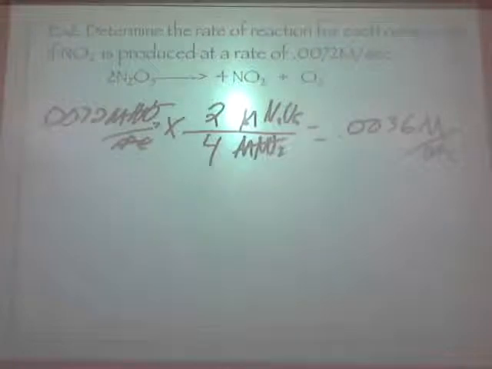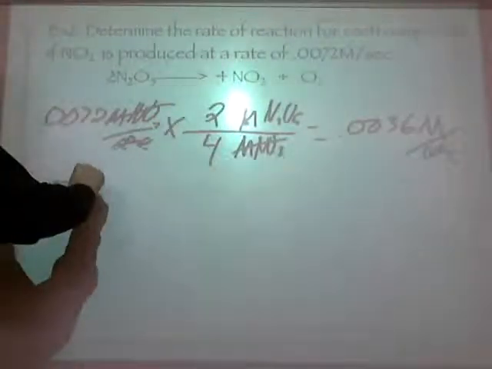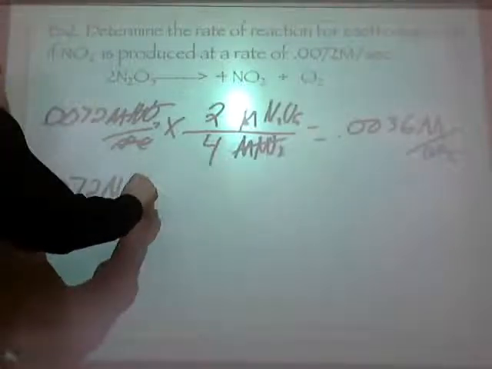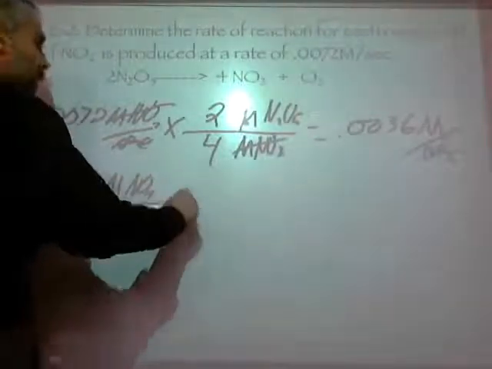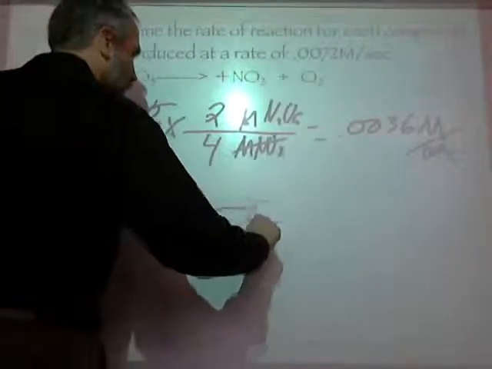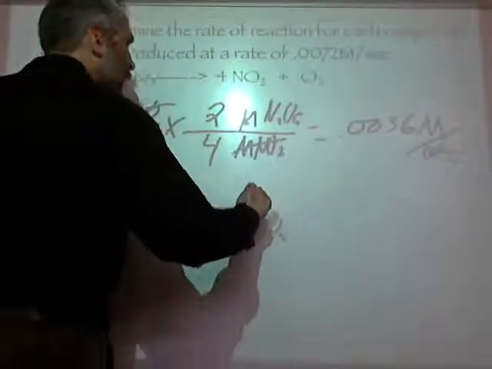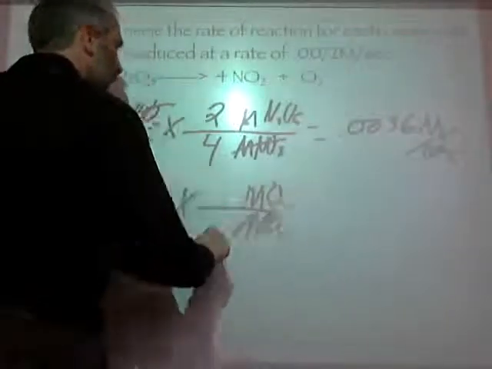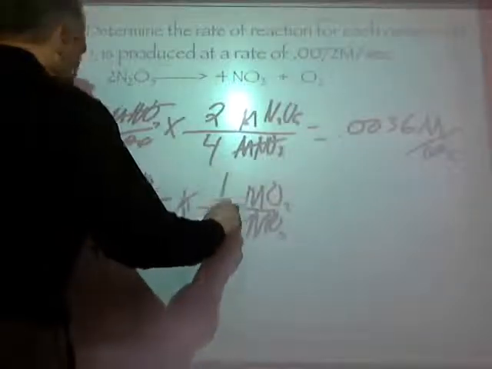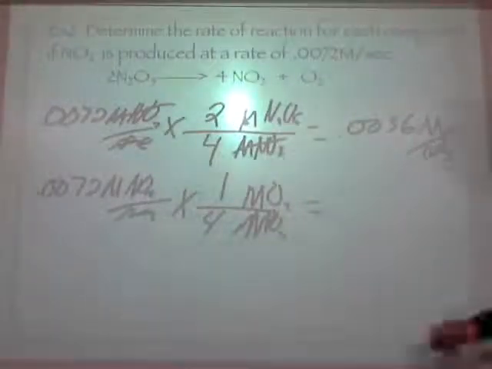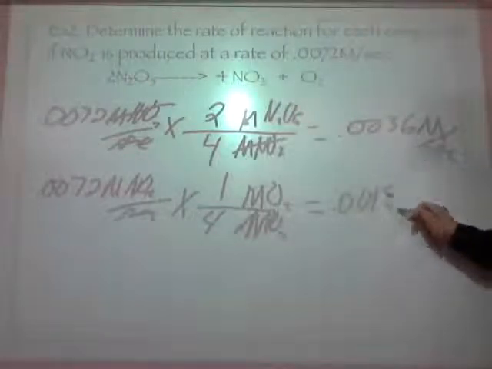And what would I do to get oxygen, people? Yeah. I told you it wasn't hard. Molar of NO2 on the bottom, molar of oxygen on the top, 1, 4, and so what's half of 0.0036? 0.0018.